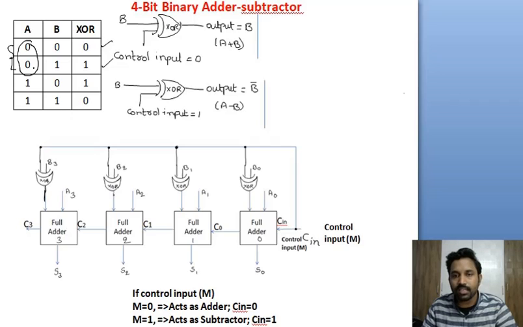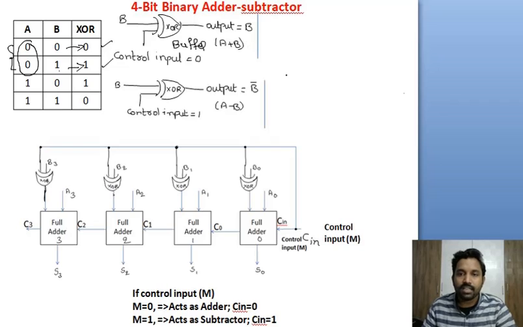If the B value is 1, the output is 1 itself. That means it acts like a buffer. If the control signal is 0, this XOR gate acts like a buffer. Whatever the input may be, it is reflected back to the output side, right?